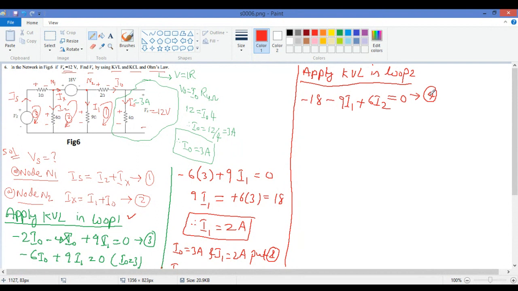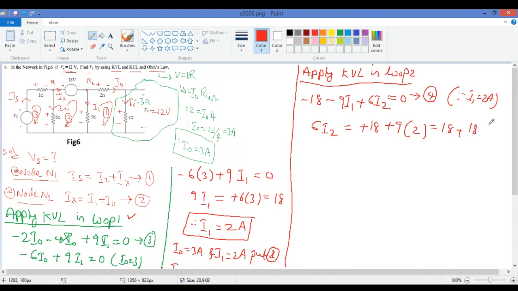Okay, and we know that the value of I1 is 2 ampere. Since I1 is equal to 2 ampere, we'll put this value. So 6 I2 is equal to minus 18 will become plus 18, minus 9 I1 will become plus 9 I1. I1 is 2 ampere. So this is 18 plus 18.